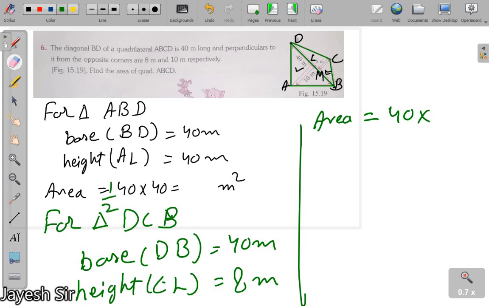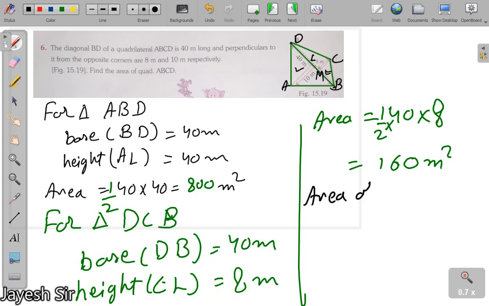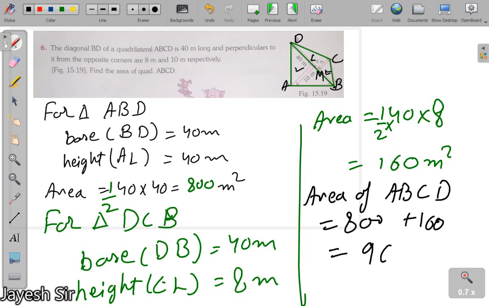Area of a triangle is half into base into height. That was my mistake. Thank you for correcting me. Half into 40 into 8. So that will be 160 meter square. Okay. So total area of ABCD is equal to 800 plus 160, that is 960 meter square.